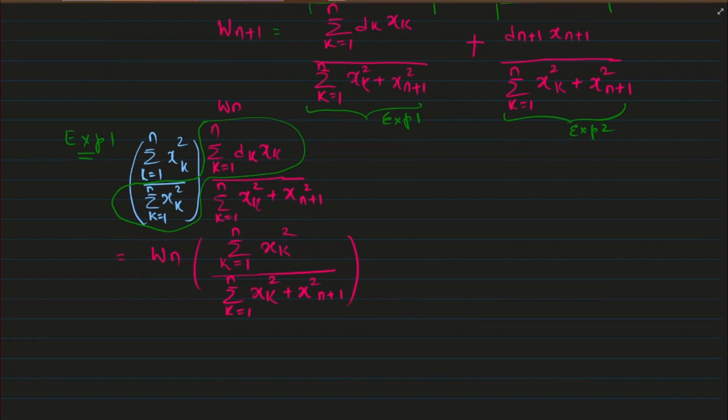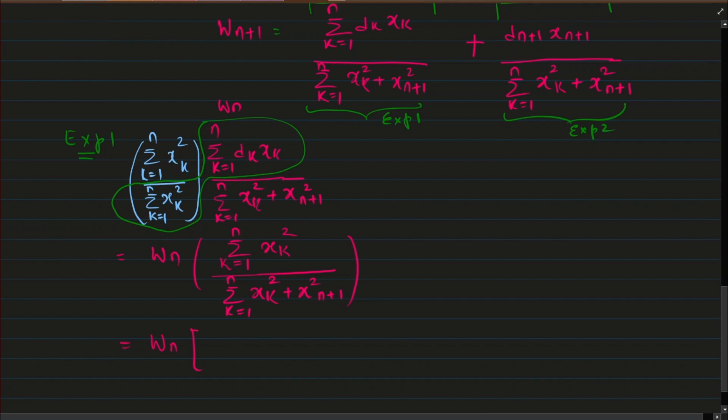Now, can we do something more? Can we manipulate this expression further so that we simplify it? I think we can take advantage of this denominator. This denominator has the xk square term, and also x square n plus 1, but the numerator part is missing that. So I will do some manipulation here again.